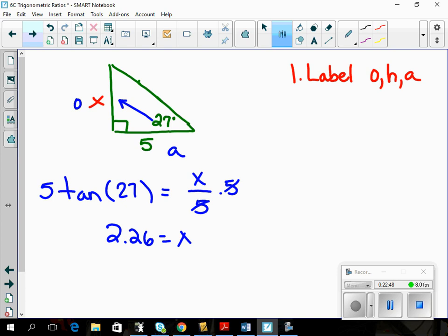How do we feel so far? Label O, H, and A. The second step is going to be to decide if it's sine, cosine, or tangent. And then we're going to have to solve. That's it. It's that basic. The only thing that will get difficult is if my x is not there.